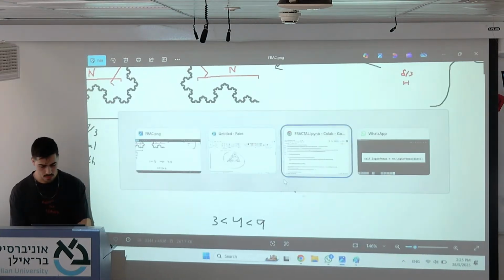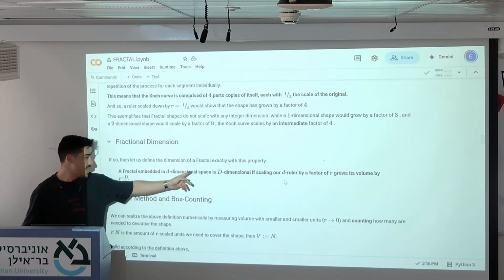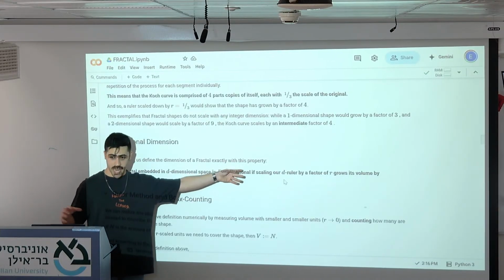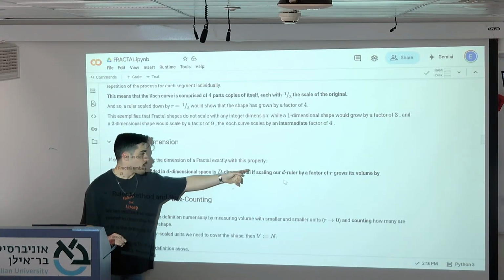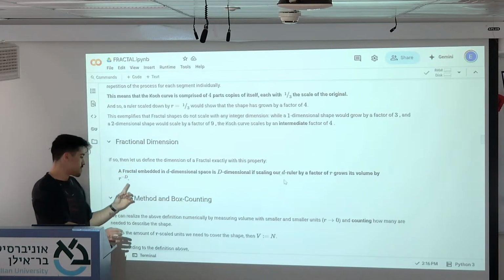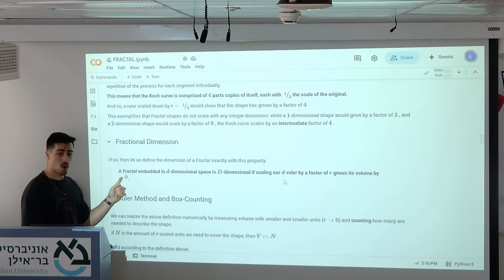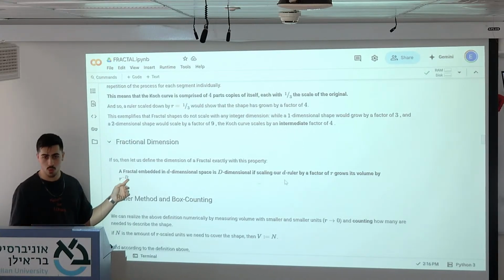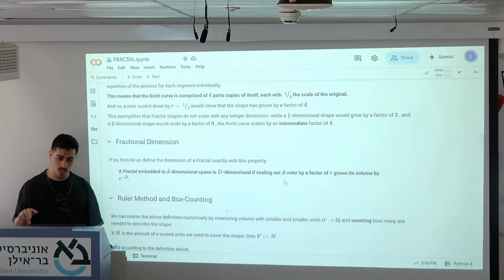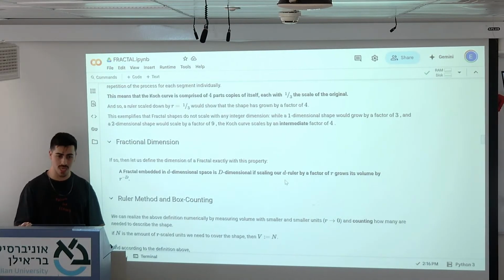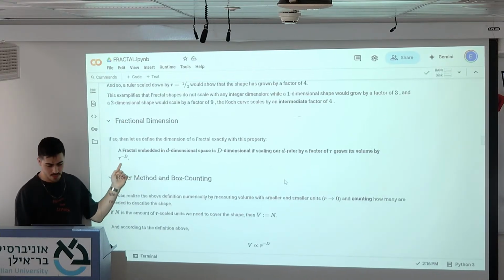So a fractal embedded in d-dimensional space is big D-dimensional if scaling our d rulers, so length, area, volume, by a factor of r, grows its volume by r to the negative d. So it doesn't work for d equals 1 and not for d equals 2, but we want our number d to be the number for which it does work, for which they do scale with that. And that's how we define their dimension.